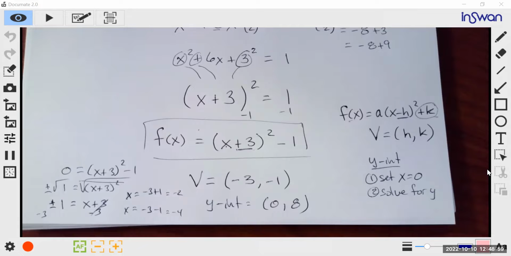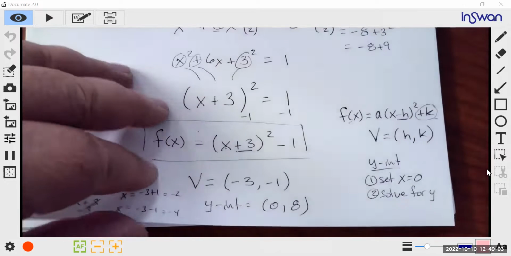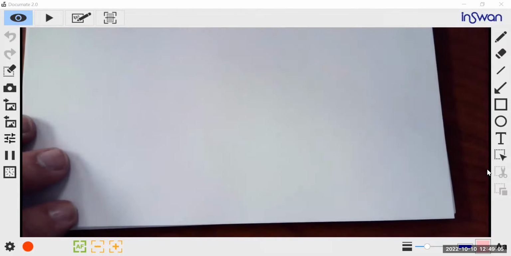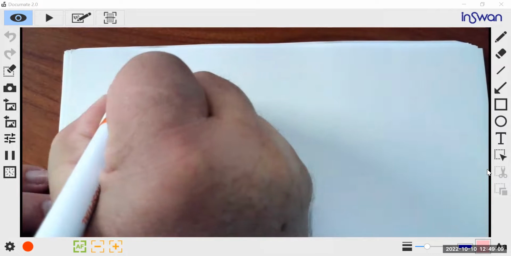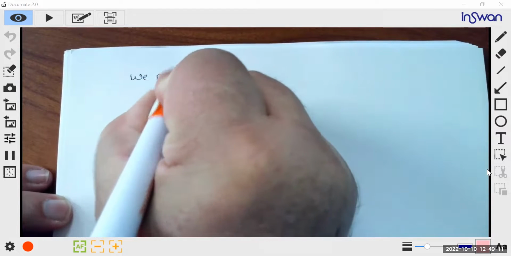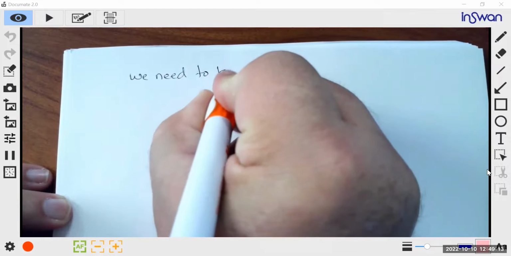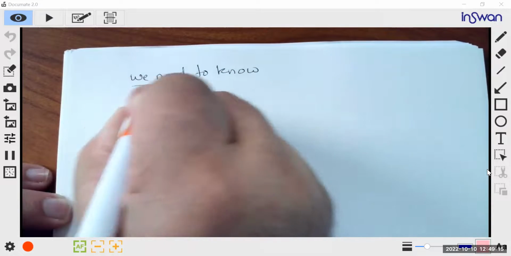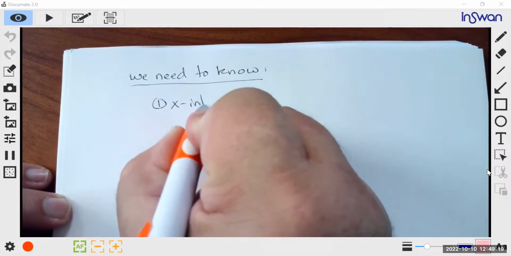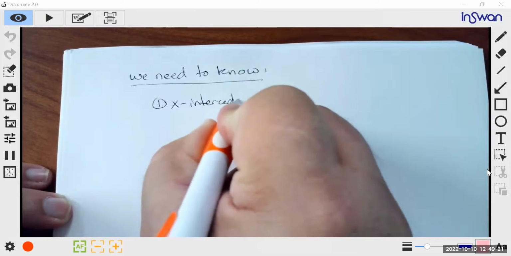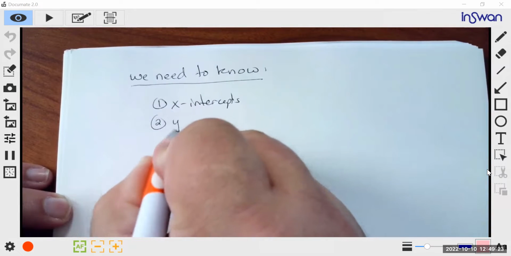So what all do we need to know in order to draw a graph? Let's first answer that question. We need to know the x-intercept, the y-intercept.